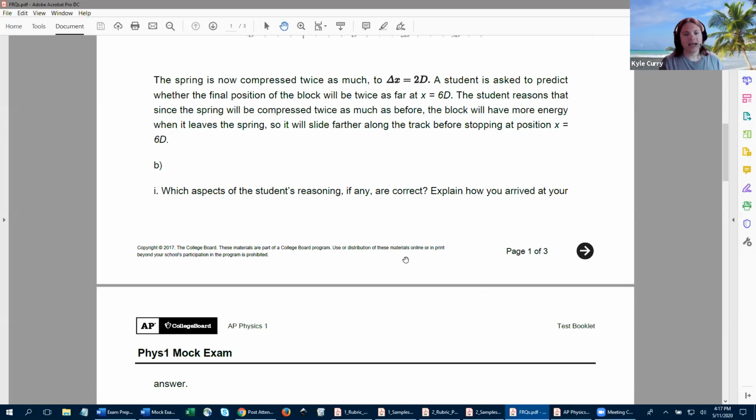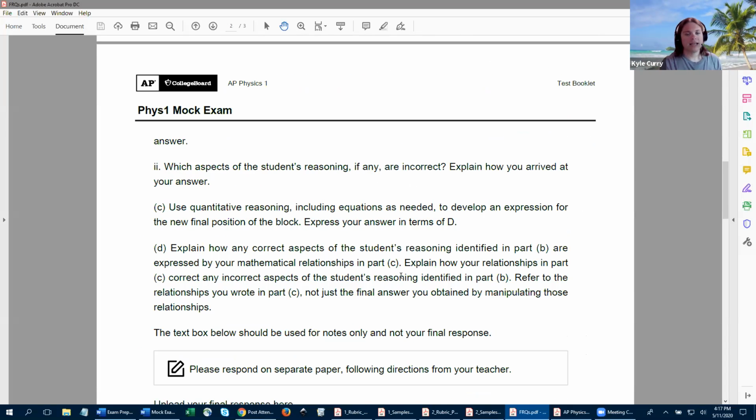So part B-I, which parts of the student's reasoning are correct? Please explain. B-II, which aspects of the student's reasoning are incorrect? Please explain your answer. And then part C says, using quantitative reasoning or equations, develop an expression for the new position of the block, and express your answer in terms of d.